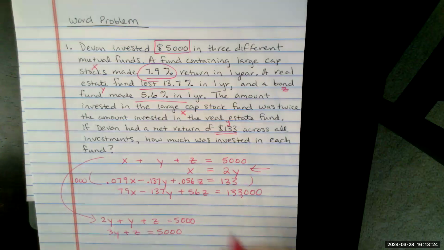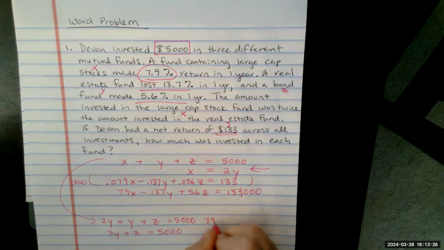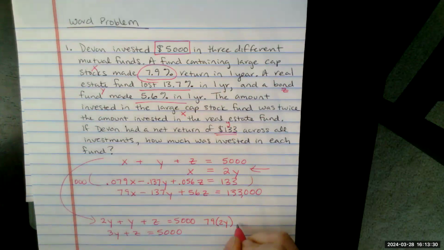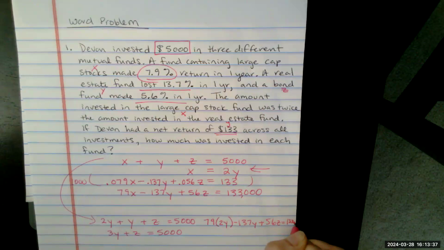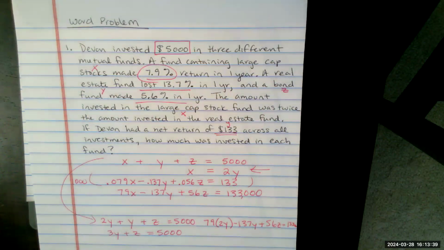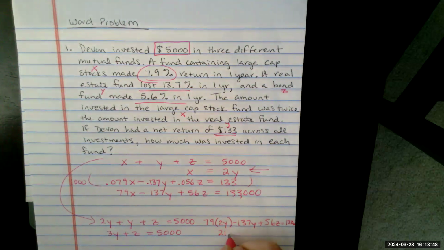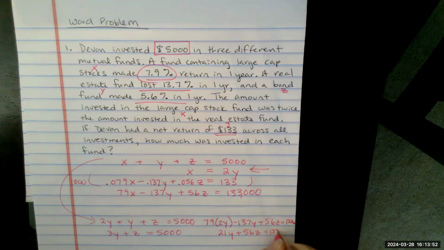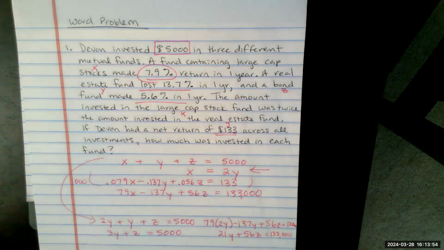If I do the same thing with the last equation and plug in 2y for x, and then reduce this as much as I can, I will get 79 times 2 is 158, and I'm going to go ahead and subtract the 137. So that gives me 21y plus 56z equals that 133,000.